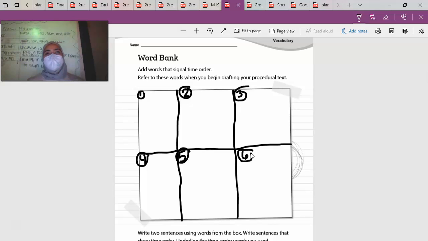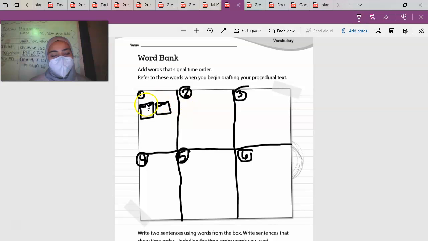So, who can raise their hand and tell me what is the first step of making a peanut butter and jelly sandwich? Thank you for raising your hand, guys. Dominic. Okay, what kinds of bread, Dominic? Sliced bread. So I'm going to grab, how many slices of sliced bread do you need? 2.